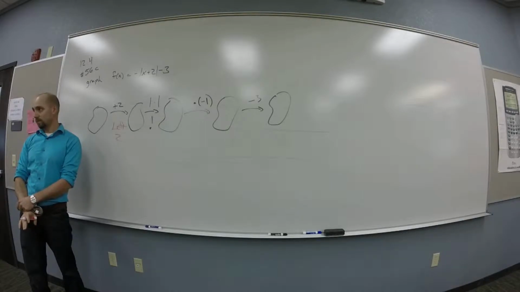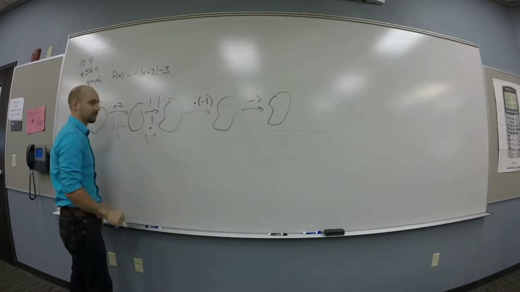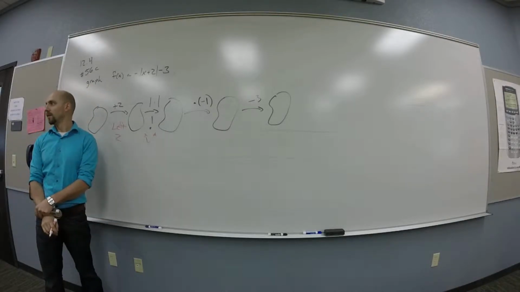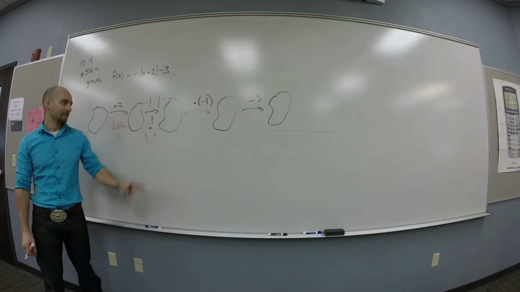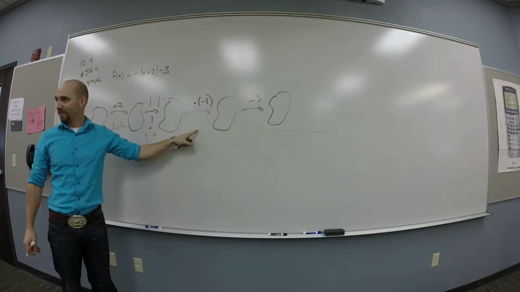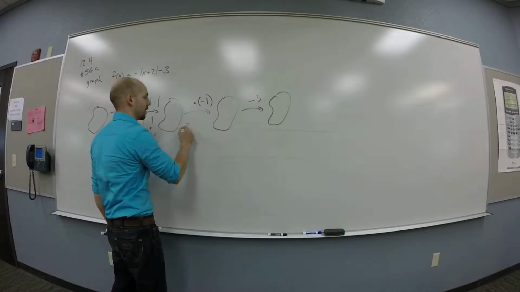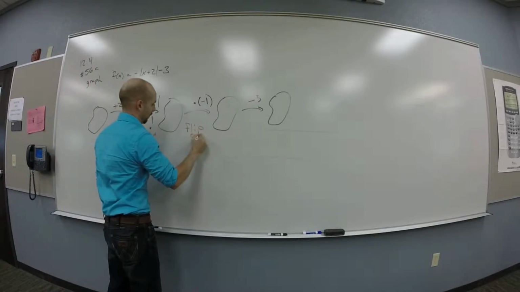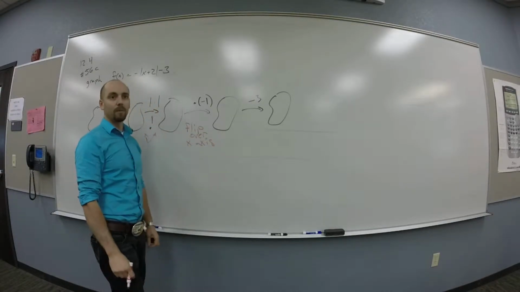Then I've got the absolute value, which is really giving me the V shape, right? It's upside down. Why is it upside down? Because this guy is a flip over the x-axis, right? And how about the -3?